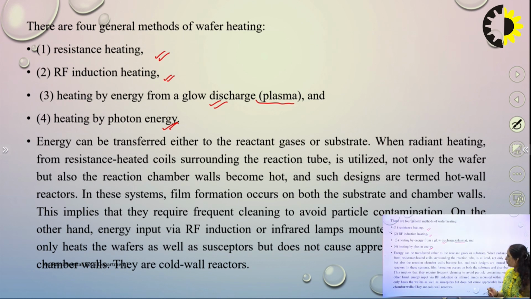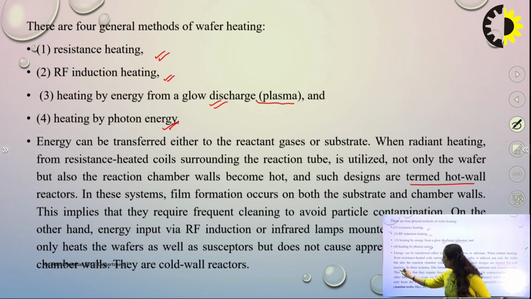When radiant heating from resistance heating is done, the coil surrounding the reaction tube is utilized, and not only the wafer but also the reaction chamber will become hot. So, these kinds of designs are termed hot wall reactors.